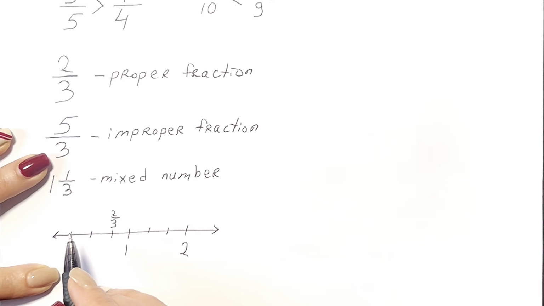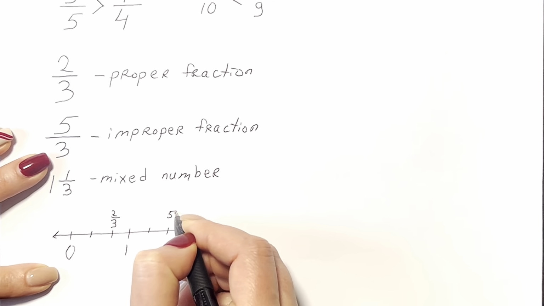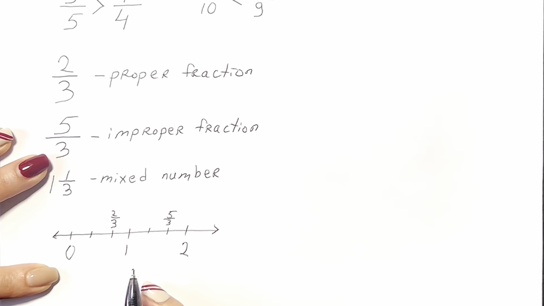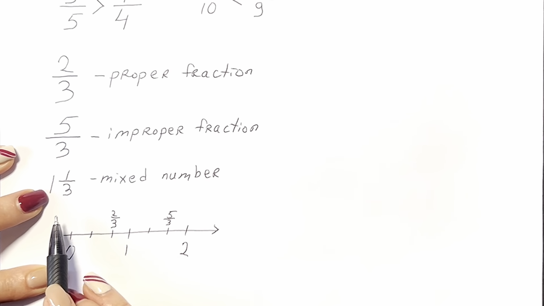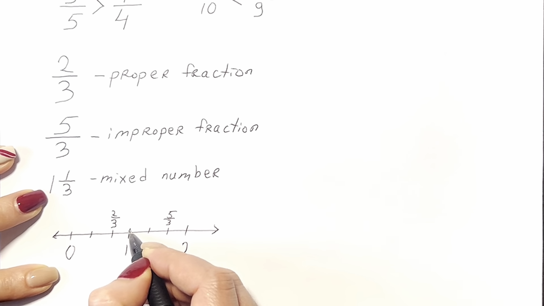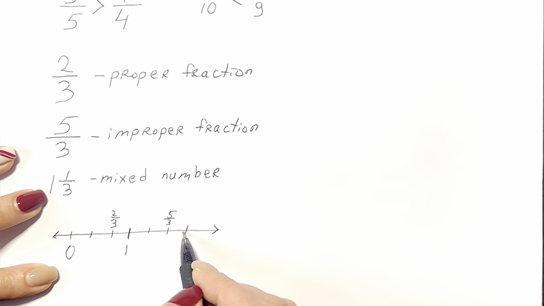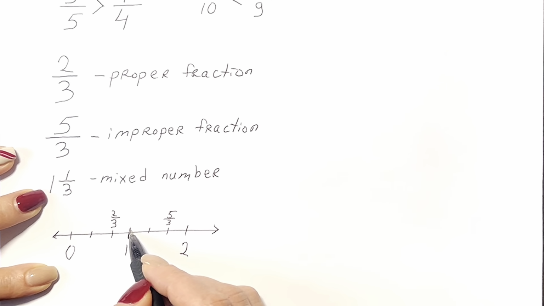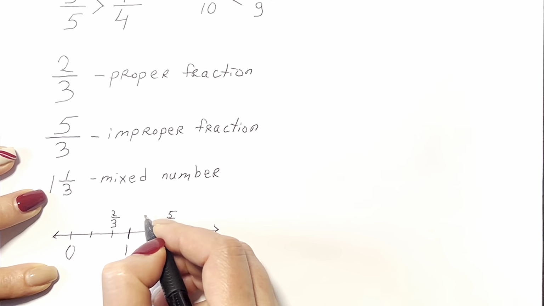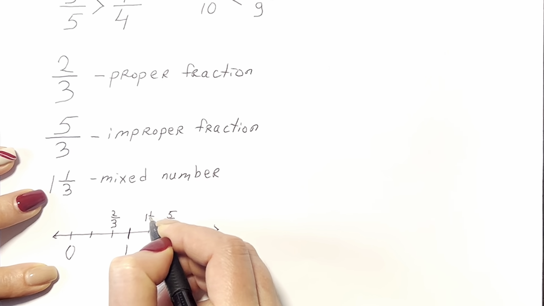But we are taking 5 of them. 1, 2, 3, 4, 5. 5 over 3. And then the next one is the mixed number. 1 and 1 over 3. We cut it into 3 pieces and we're gonna take one of them. 1 and 1 over 3.